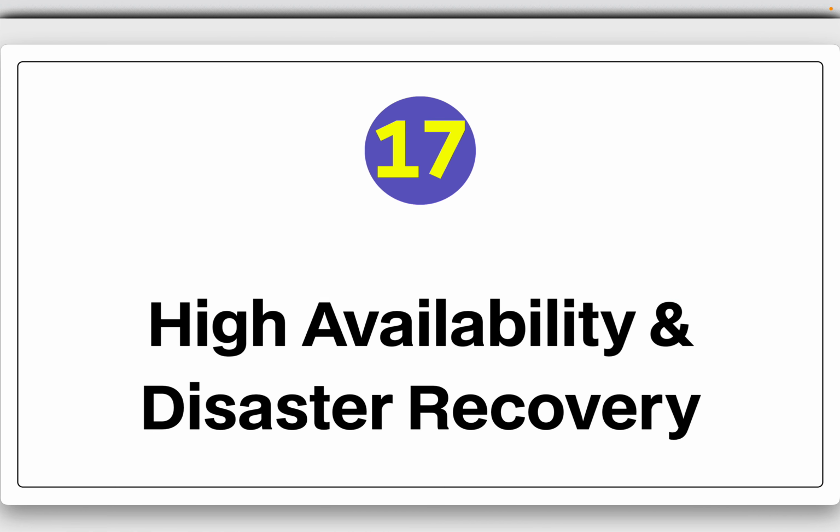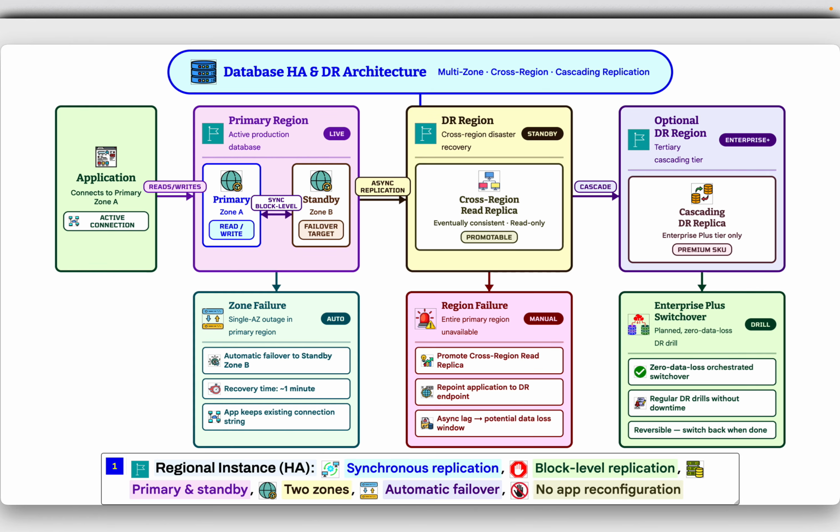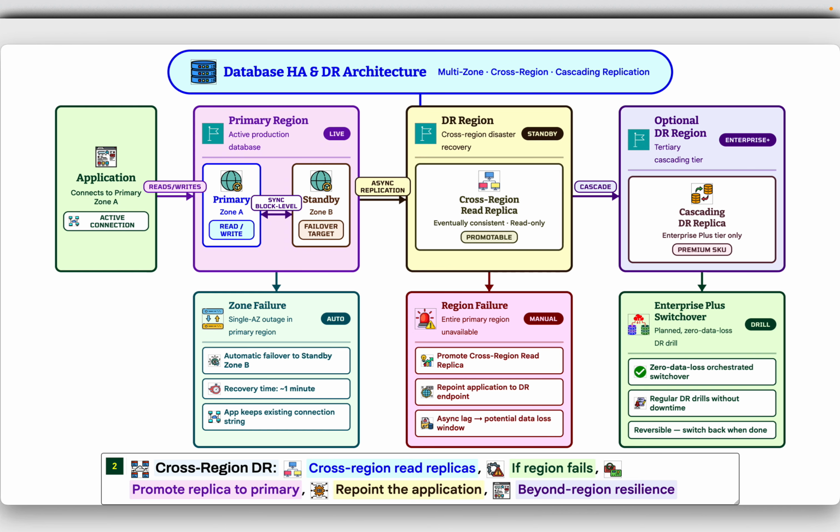17th topic is high availability and disaster recovery. The recommended high availability pattern is a regional instance, synchronous block level replication between primary and standby in 2 zones, automatic failover, no application reconfiguration. For disaster recovery beyond a region, attach one or more cross-region read replicas.